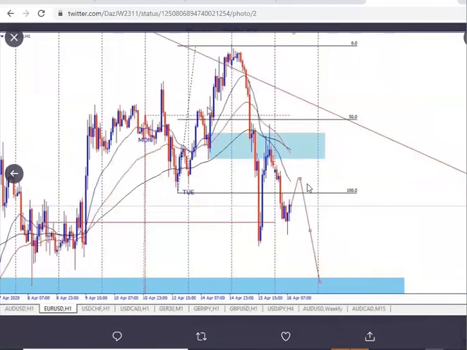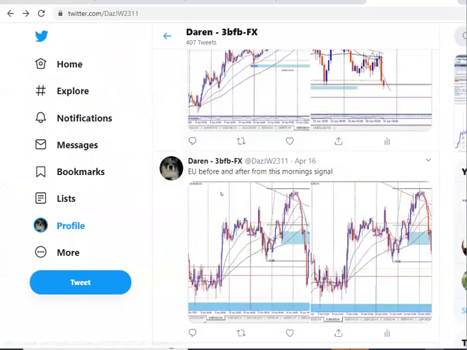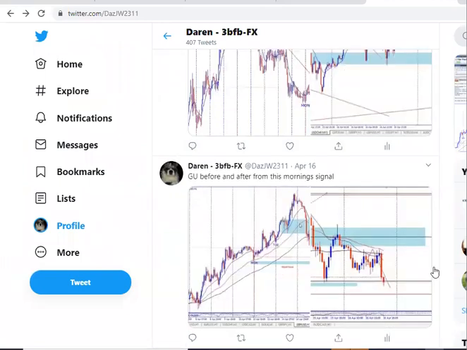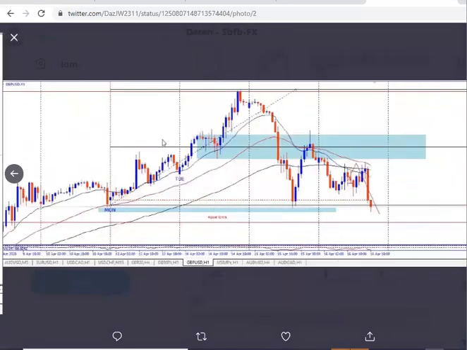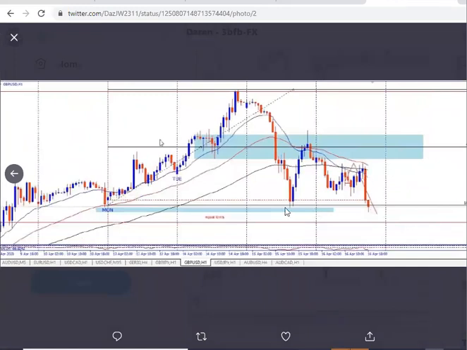And obviously this is the before picture. The GU was the same. There's the before, and there's the after. Straight down, taking out these two equal lows here. So again, that signal paid off.